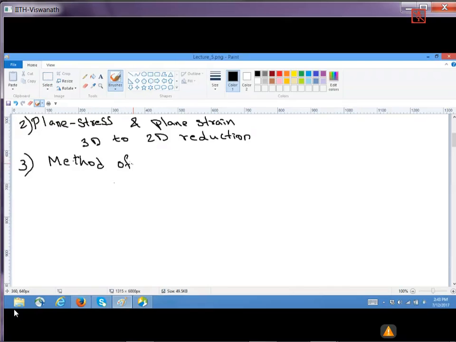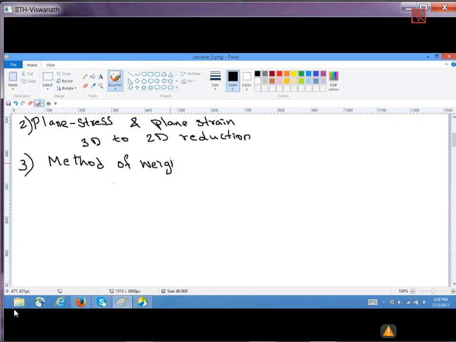Method of weighted residuals. In the method of weighted residuals, the first one is collocation.